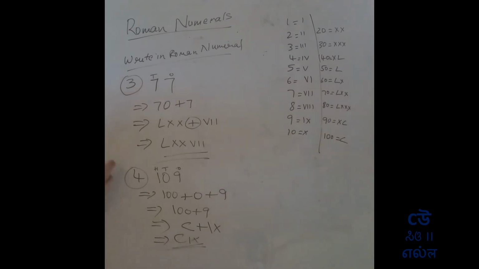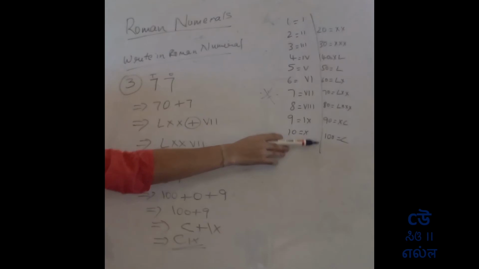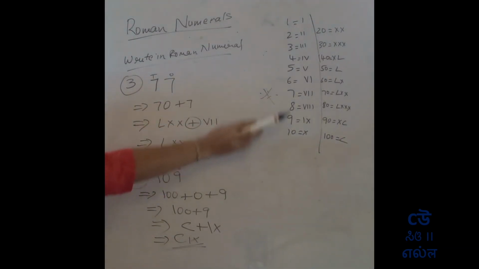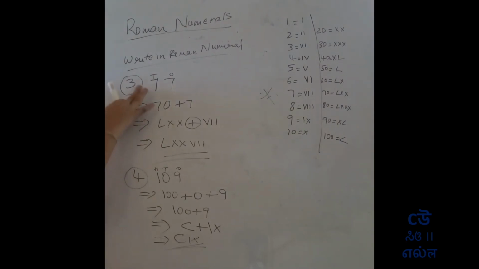Understood children? If they give a bigger number also you have to do it like this. So you can take a few more examples and solve this. This is how you solve the Roman numerals. Don't get confused. First, mainly you have to remember this table. These 20 numbers, from 1 to 10 and from 20 to 100, if you remember, then you can easily split the numbers and solve the problem. If they give it like this, you have to solve the Roman numerals this way.